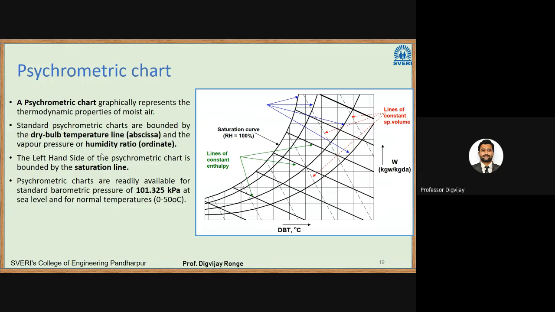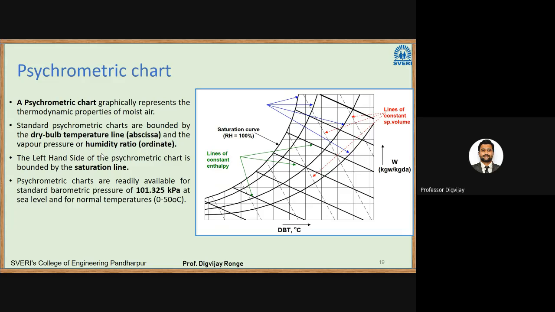The psychrometric chart is a very important concept if you are dealing with air conditioning systems, because all the processes like cooling and dehumidification, cooling and humidification, heating, and cooling can be shown on the psychrometric chart. If you are working on an air conditioning system, you must know what you are trying to do.